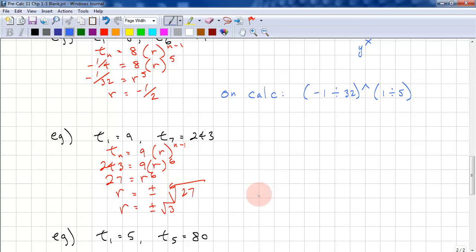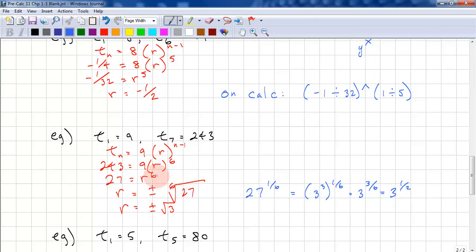One way to figure this out is we have 27 to the power of 1/6. This is equal to 3 to the power of 3 to the power of 1/6. So this is 3 to the 3/6, and that reduces to 3 to the power of 1/2, and that just means square root.